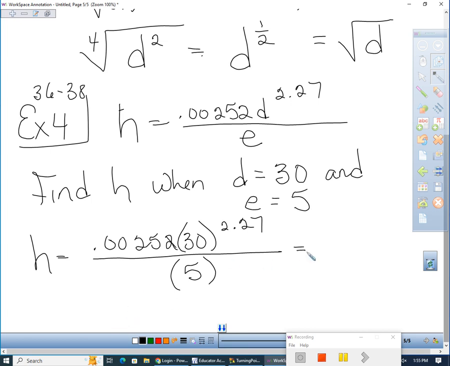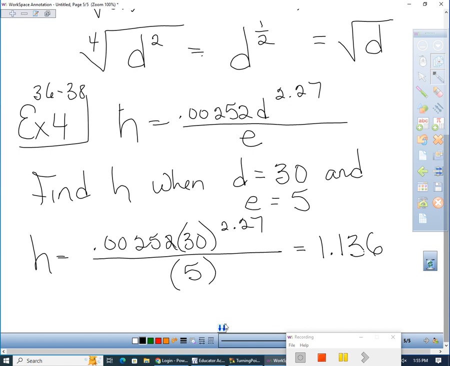And I don't have a calculator up here, so somebody's going to tell me. $1.136. All right, so we're good? That's all you have to do for those couple of problems.